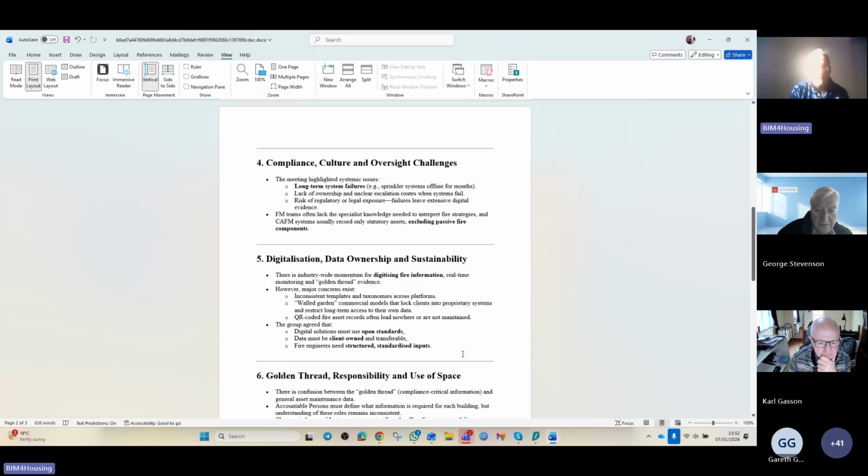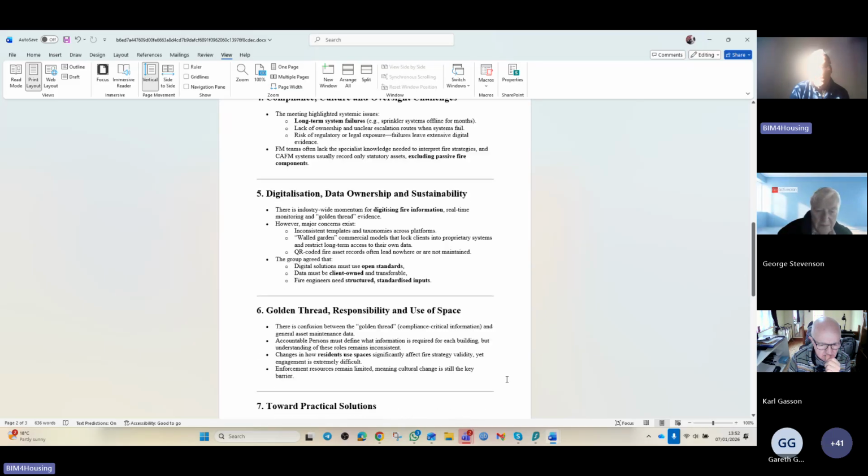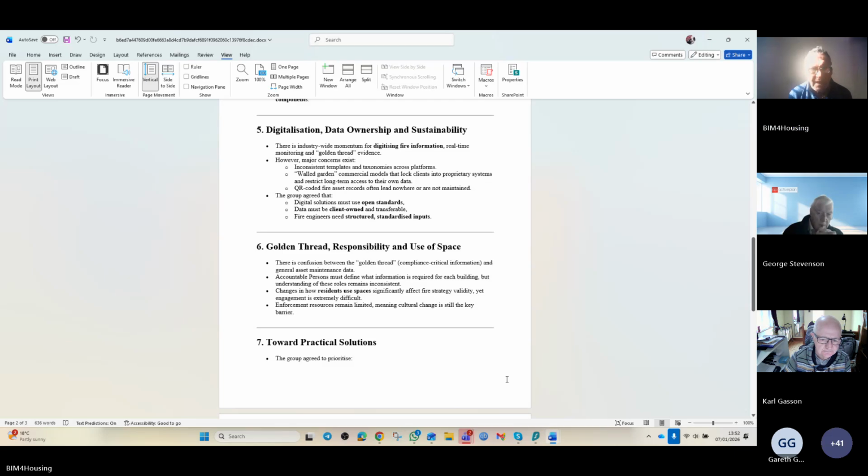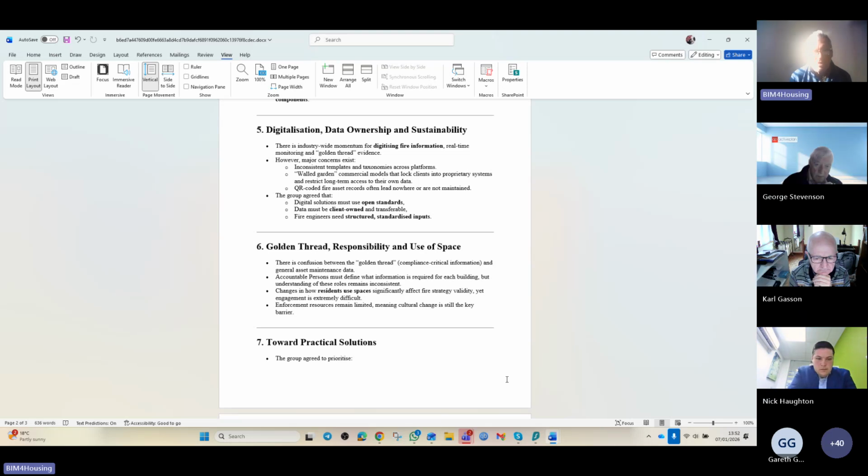Yeah. Okay. Right, number 5, digitalization, data ownership and sustainability. There is an industry-wide momentum for digitizing fire information, real-time monitoring and golden thread evidence. However, major concerns exist: inconsistent templates and taxonomies across platforms; walled garden commercial models that lock clients into proprietary systems and restrict long-term access to their own data.